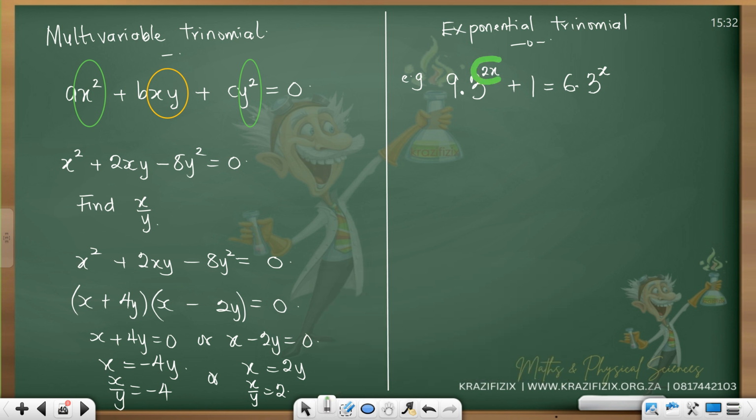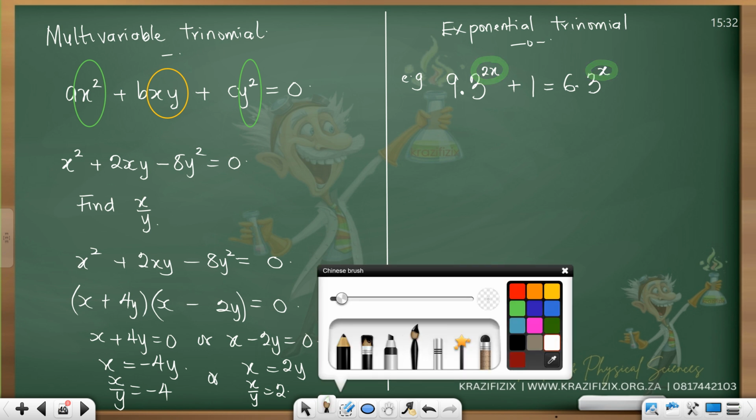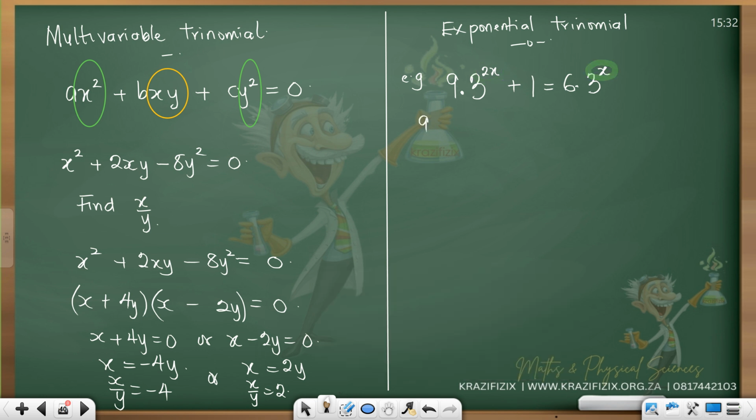Look at this and look at that. Already I'm seeing something very important. How do I attack this? Let's make sure the right hand side is 0 first. Minus 6. Look at this. Let 3 to the power x be equal to k.